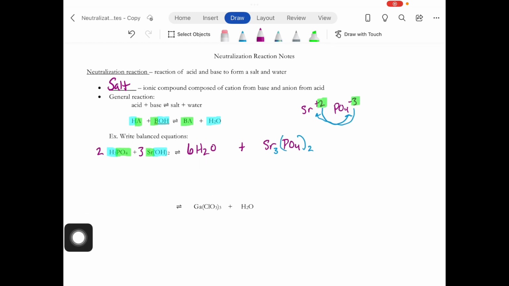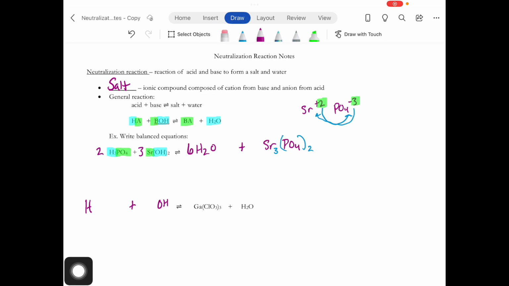Okay, let's do the next one. This time I gave you the salt and the water. So working backwards, we know we are going to create an acid that starts with a hydrogen, and we're going to create some type of base that ends in the OH.